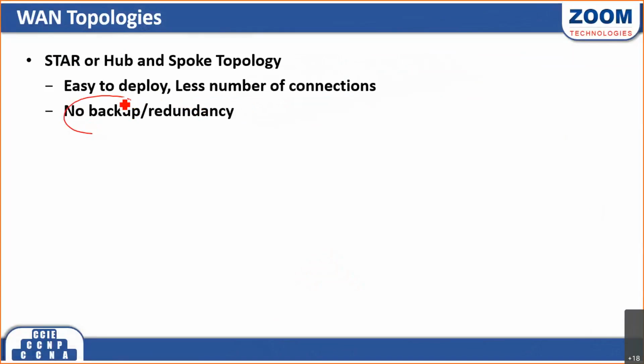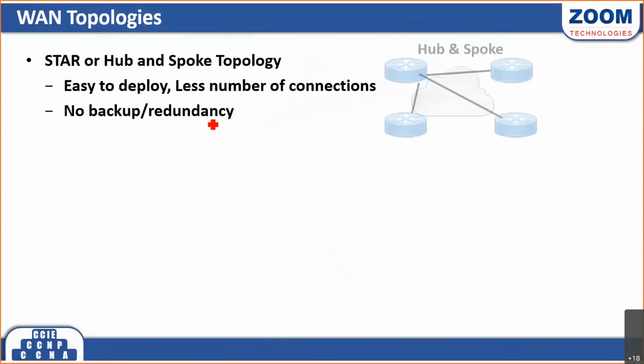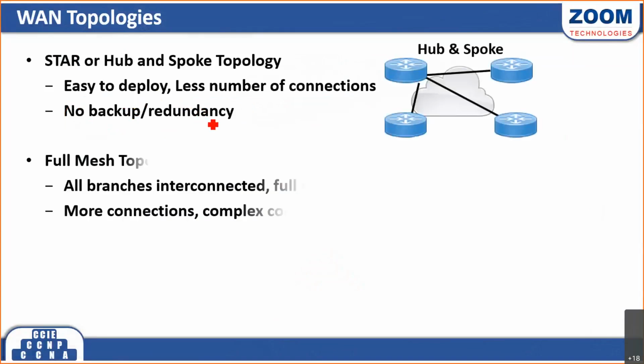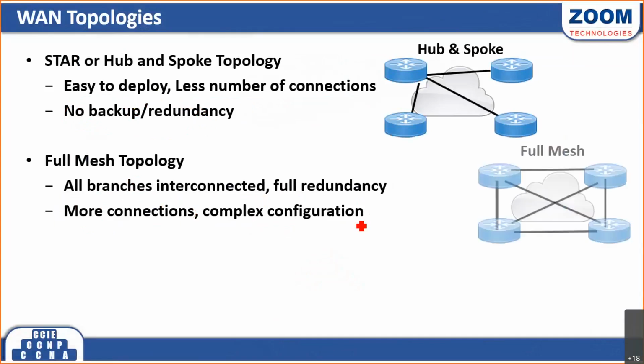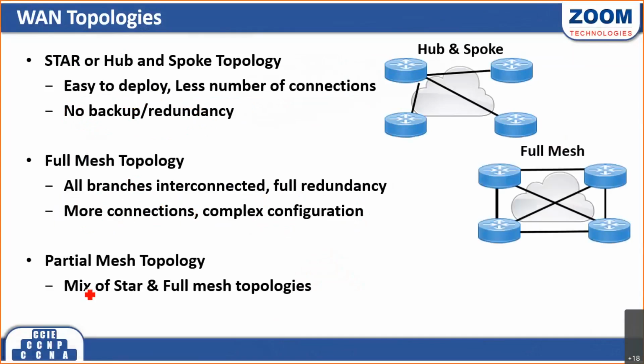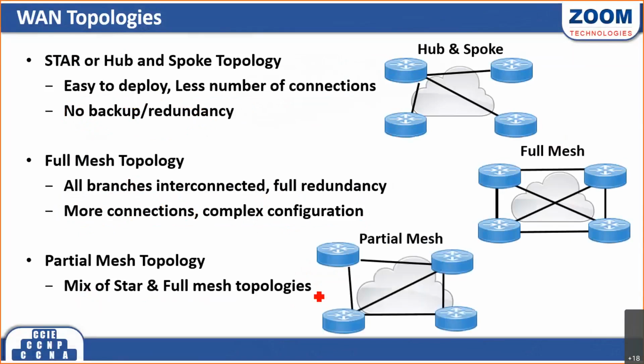But the point is what? No backup, I mean, no redundancy. This is a diagram. Full mesh topology: all branches are interconnected. Full redundancy, but more connections and complex configuration. So what is most commonly used? A mix of star and full mesh topology, with a single backup.